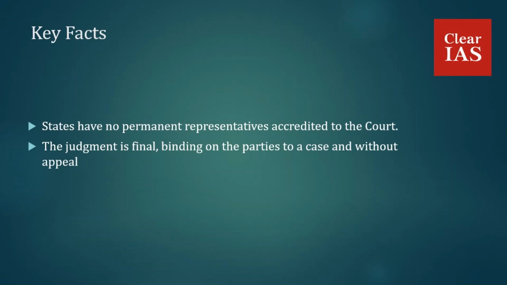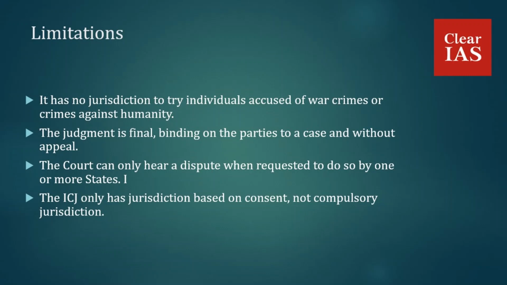And now we'll see some limitations in the functioning of ICJ. The ICJ suffers from certain limitations. These are mainly structural, circumstantial, and related to the material resources made available to the court. It has no jurisdiction to try individuals accused of war crimes or crimes against humanity.